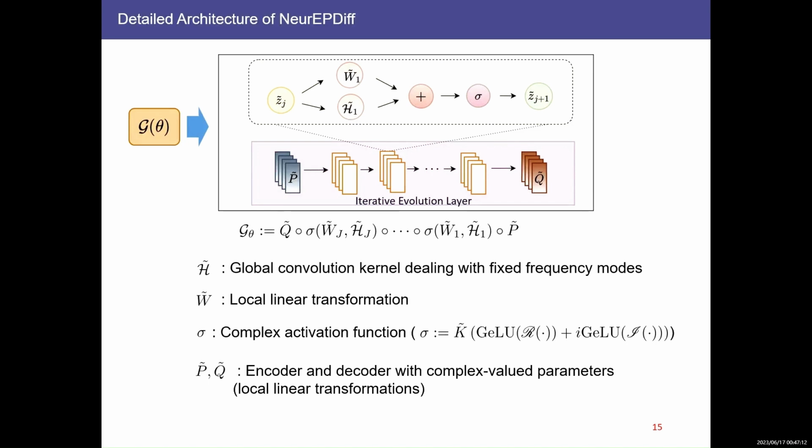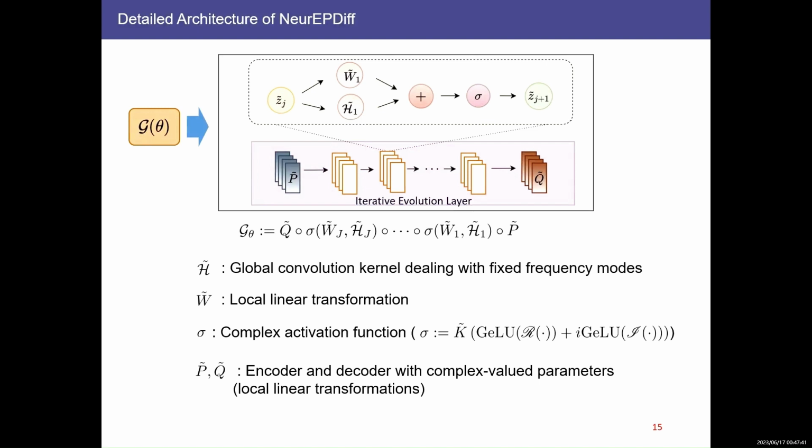So, how to design G theta to learn the highly complex and nonlinear mapping function for Fourier EPDiff? Firstly, we use a kind of encoder P tilde to lift the input signals to a higher dimensional channel space, or you can say the latent space. We let the higher dimensional signals go through the iterative evolution layer.